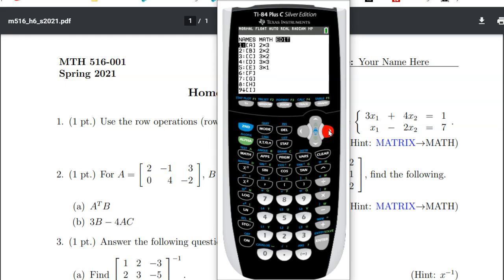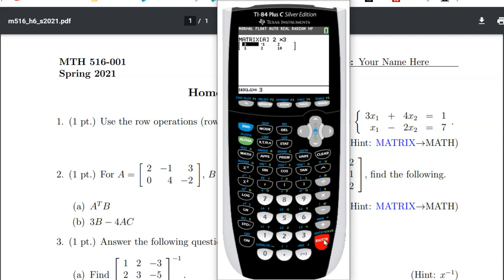We can use any of these, but I'm just going to use the very top one, A. We need two rows because we have two equations, and then we have two variables plus the right hand side, so we need three columns. So it's a two, enter, and then three, enter.